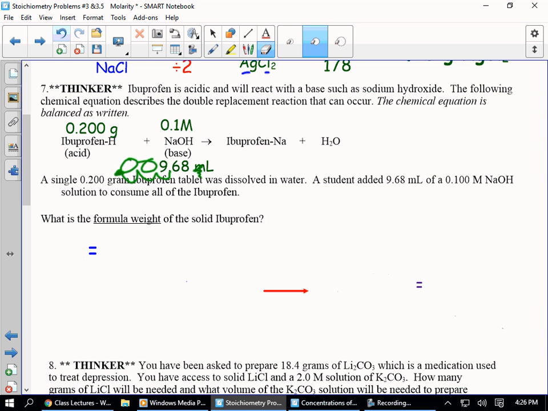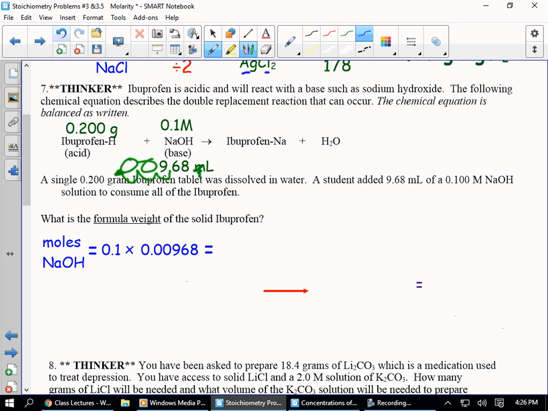So when I'm looking here, we don't know the formula for ibuprofen. Usually when we have grams, we're fantastic and we can get moles, but this time it's a little different. It's a thinker. I do, though, have moles equals molarity times volume in liters of my base. So moles of NaOH is equal to the molarity of NaOH times my volume of NaOH.